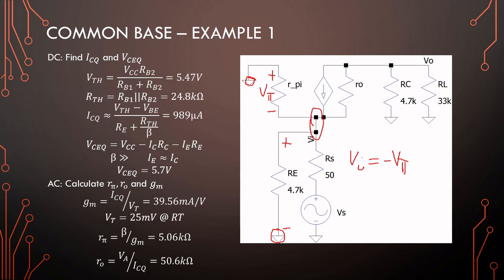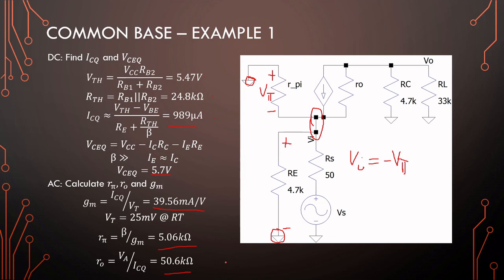If we do a Thevenin, remember example 1 of a common emitter, this is exactly the same biasing structure that we used. So all of these ICQ and VCEQ will be the same. Our transconductance will be the same, our r pi will be the same, our r out will be the same. It's only the way that we're using this amplifier that differs.